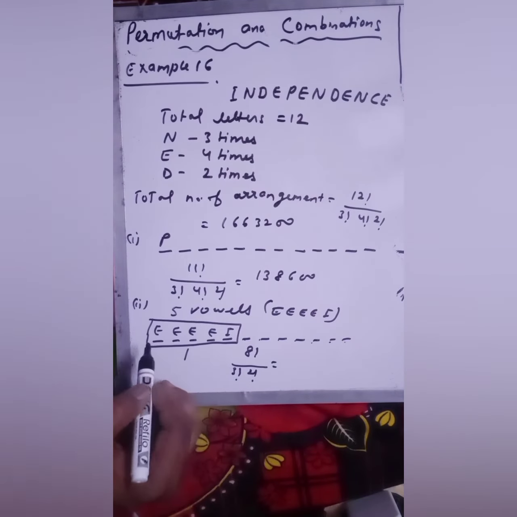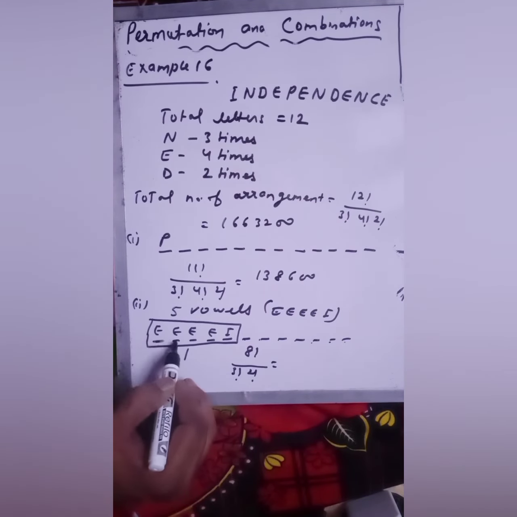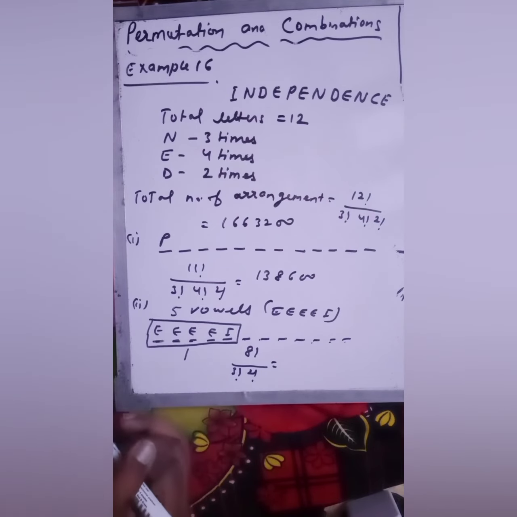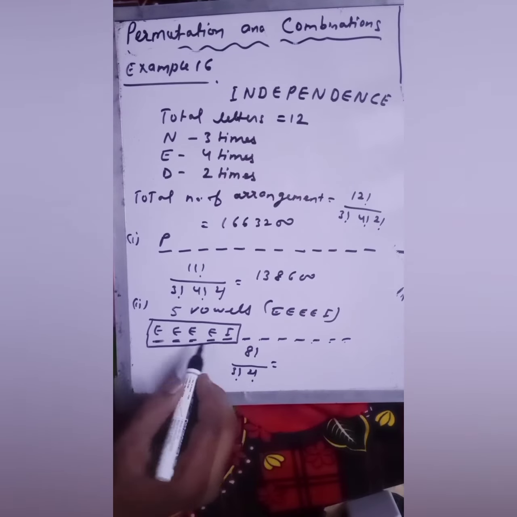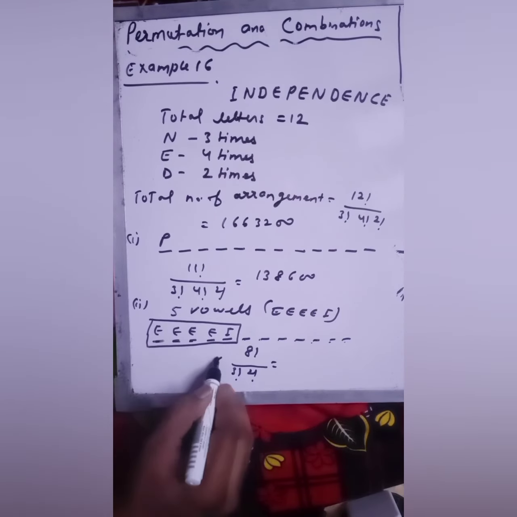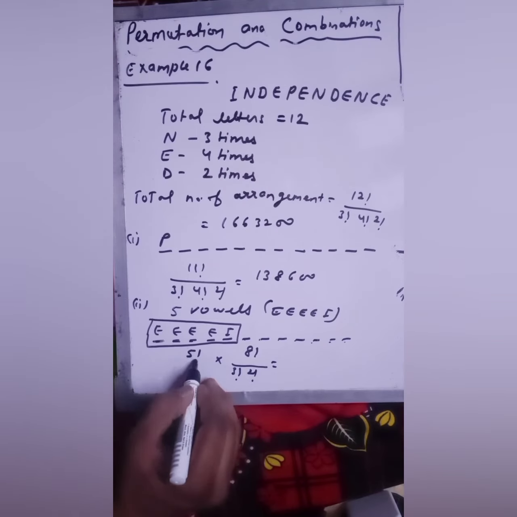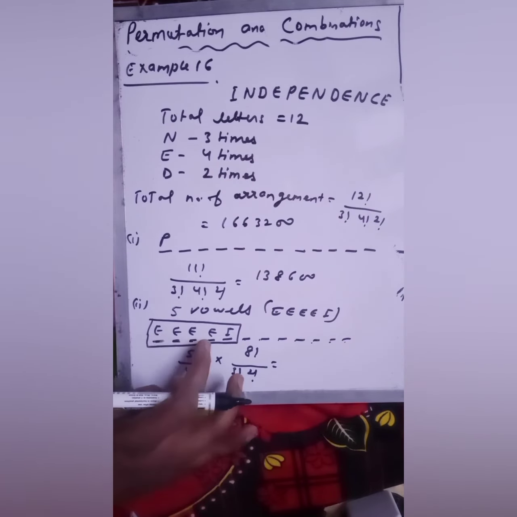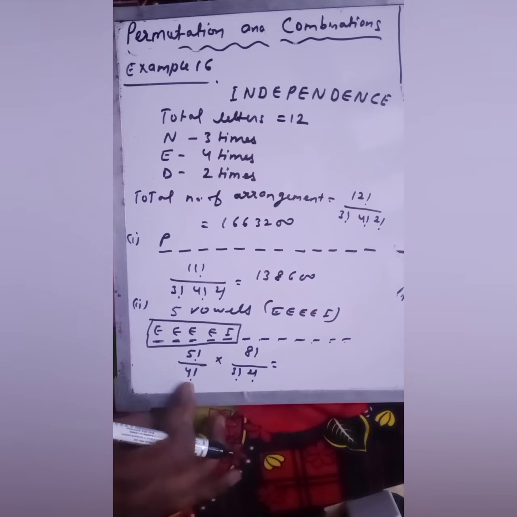Now listen, to fill these 5 places of vowels only, you have a choice of 5 factorial over 4 factorial, because the total letters are 5. That's why 5 factorial over, as E is repeating 4 times, so that's why I'm writing 4 factorial.